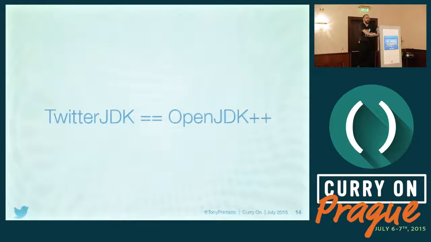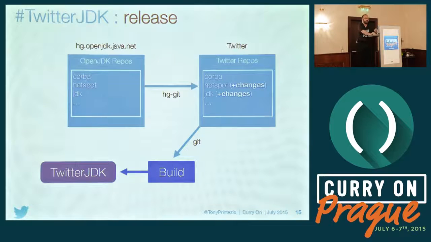So Twitter JDK is based on OpenJDK, and anything that they have and we would like to have, or at least part of it, we try to recreate it. I had that diagram, so I threw it in. OpenJDK sources are in Mercurial. We use mainly Git at Twitter, so we use HGGit to get the latest updates.